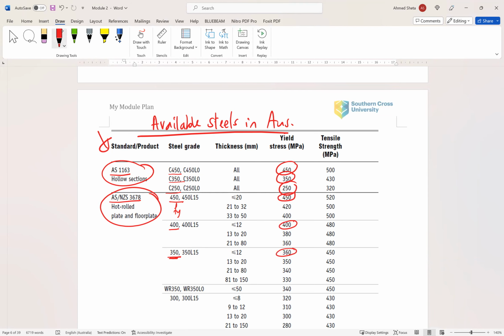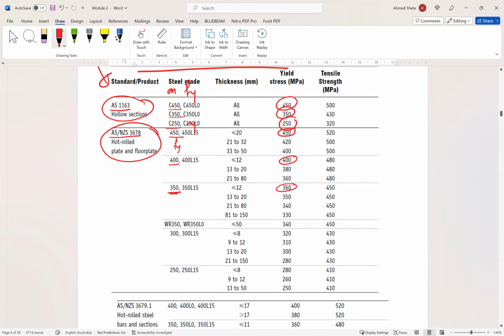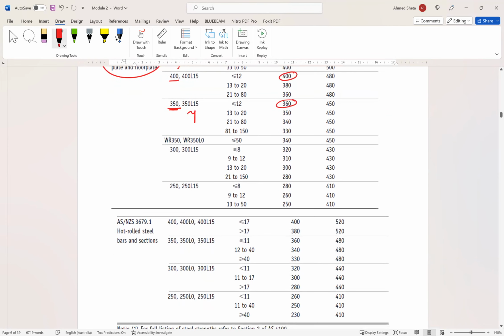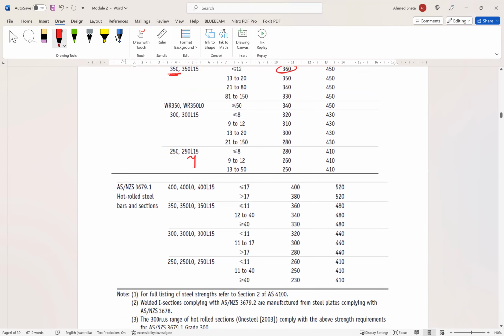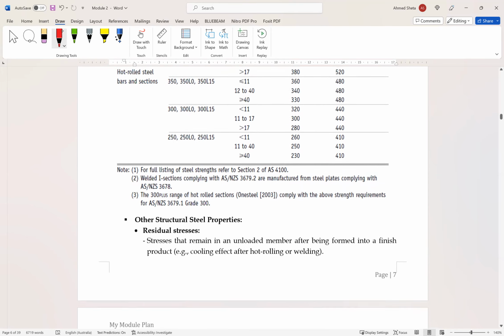So the grade of steel mainly depends on the yield strength, and as a designer, you can choose which type of steel is available in your area.